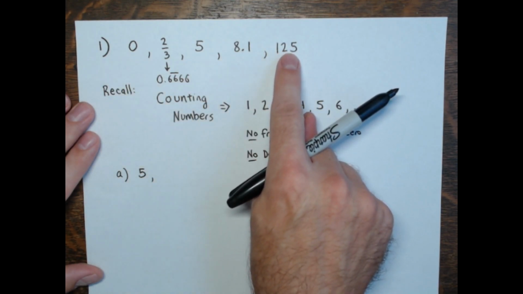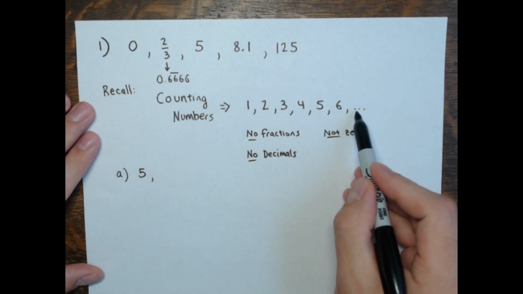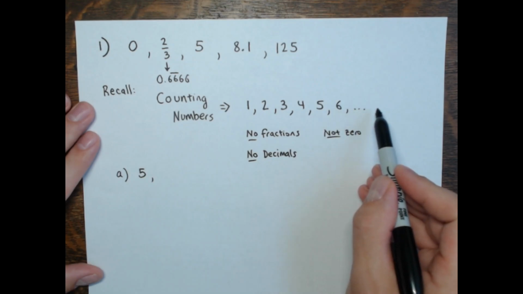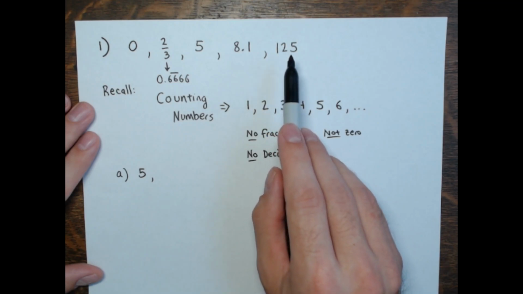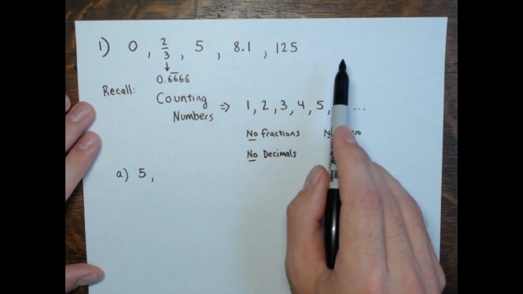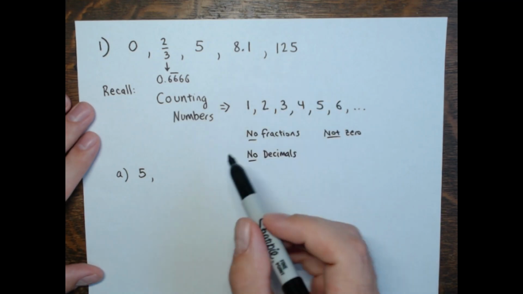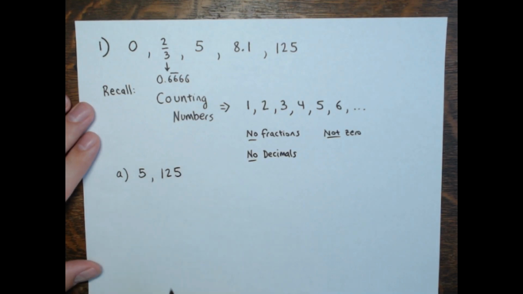So this one here, 125. Now I don't see it, but the dot, dot, dot implies that if I kept going, you'd eventually get to 120, 121, 122, 123, 124, 125, right? While counting. So the two counting numbers here are 5 and 125.